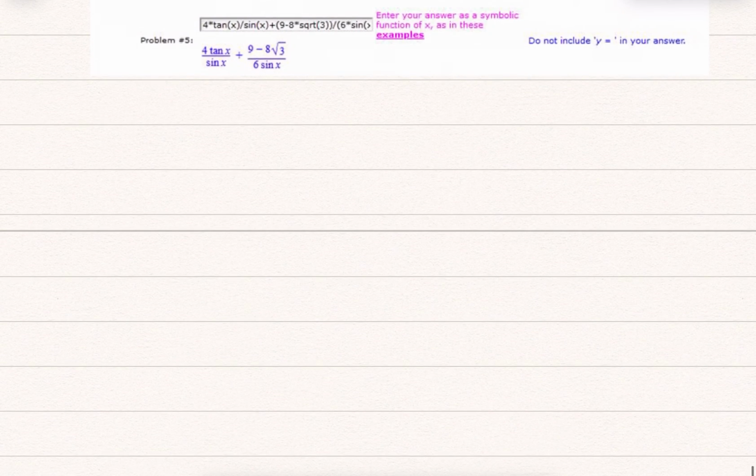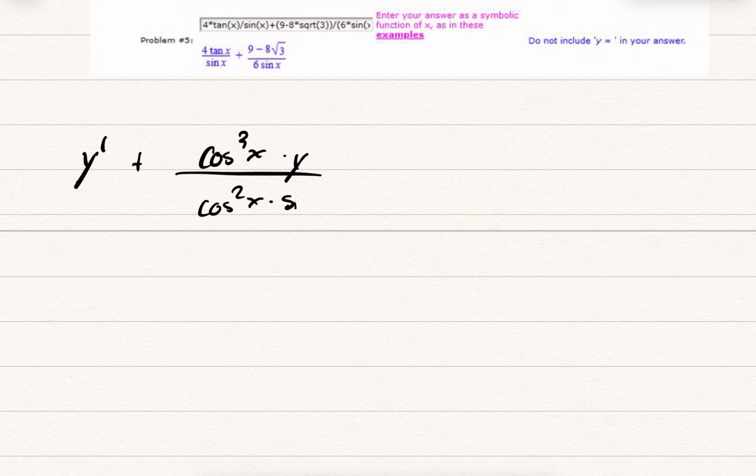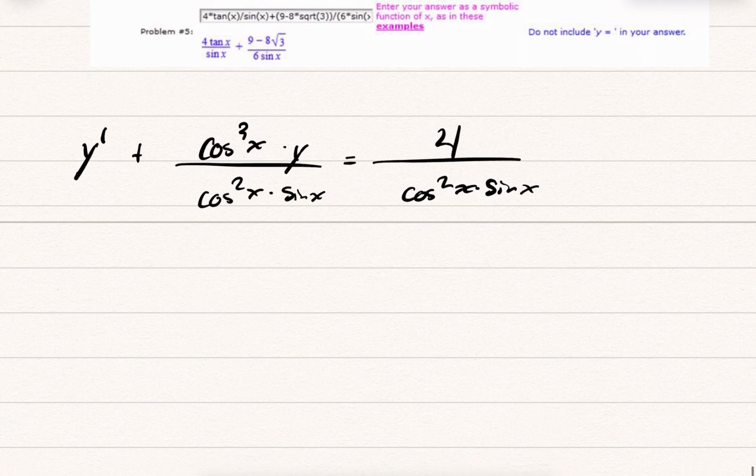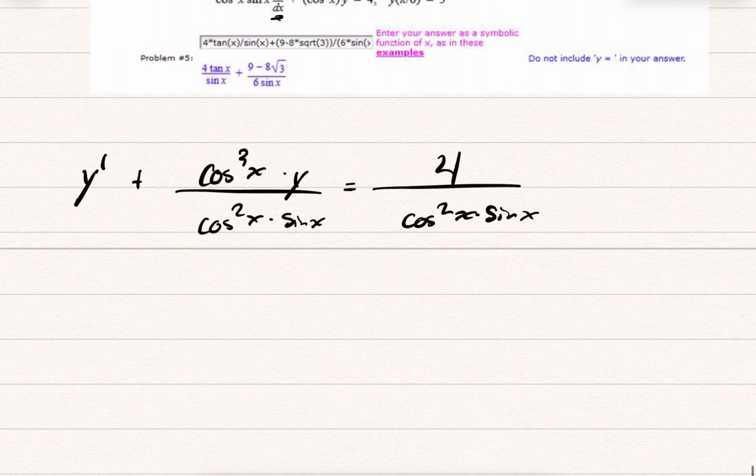Okay. So I'm just gonna go and just follow along. Okay. And we factored out the cos squared x times sine x and then got rid of it because we can't have anything next to this, right?